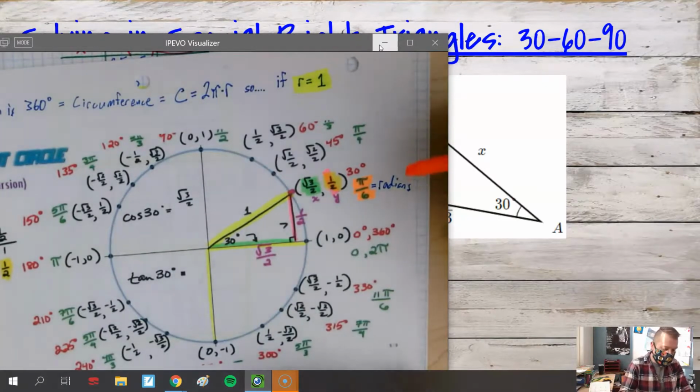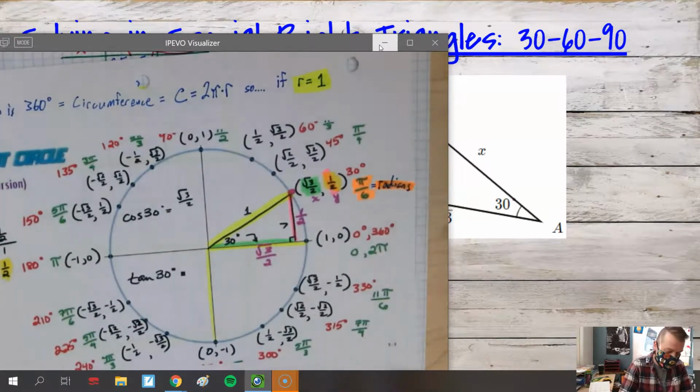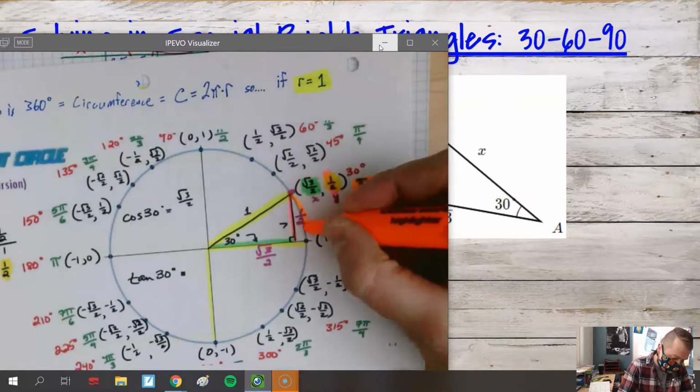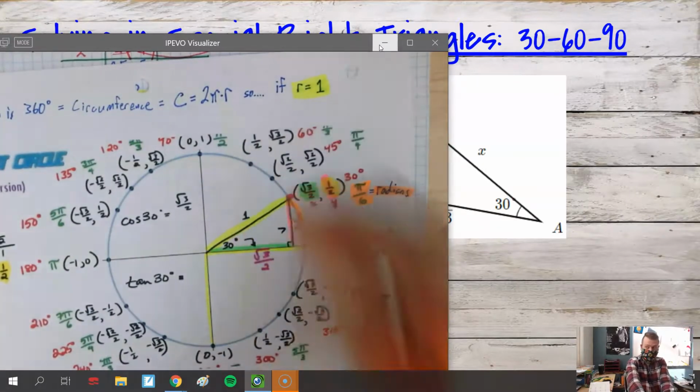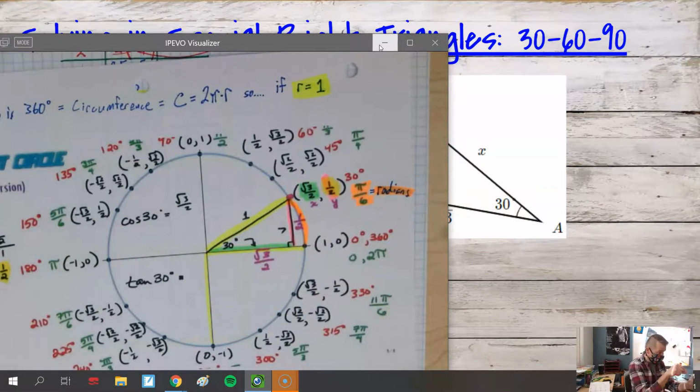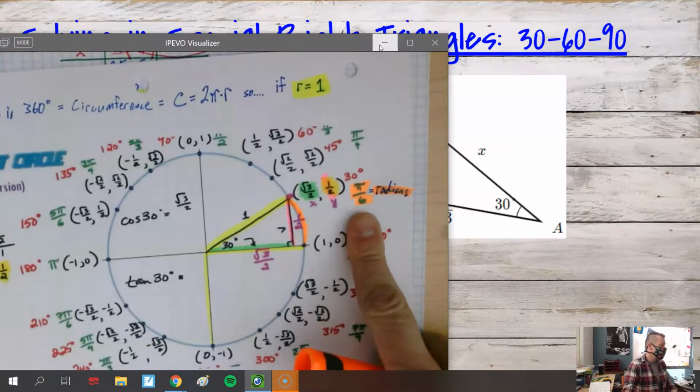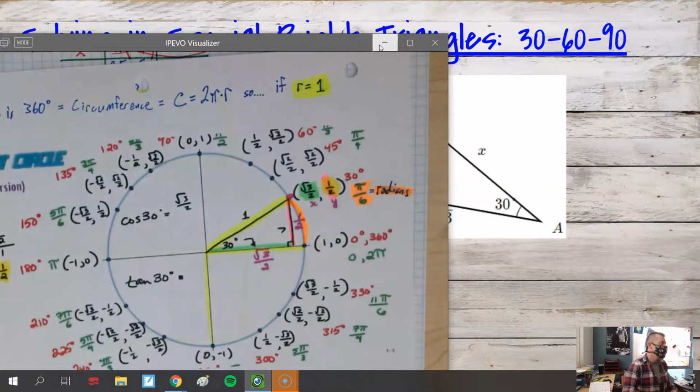So the amount of radians is this distance. It's the curve. It is literally the curved distance traveled. So if you were to lay that curved line out straight and measure it, it's pi over 6 times 1, because that's your radius here.